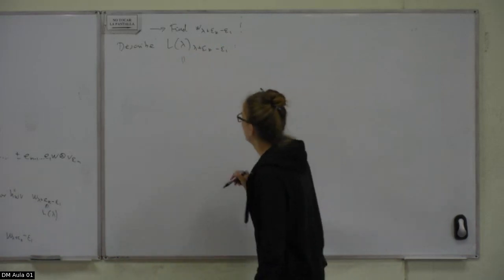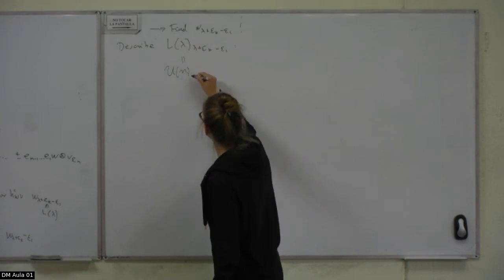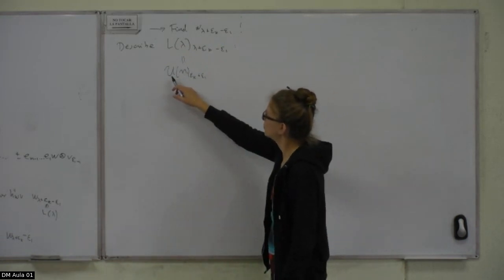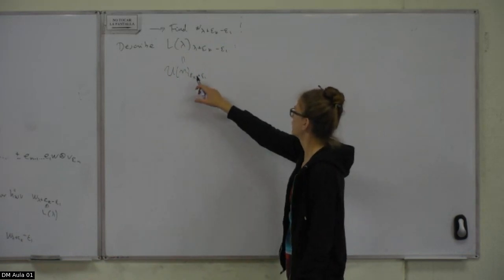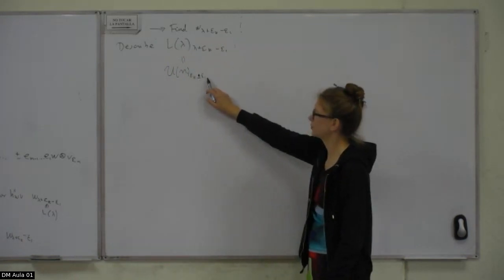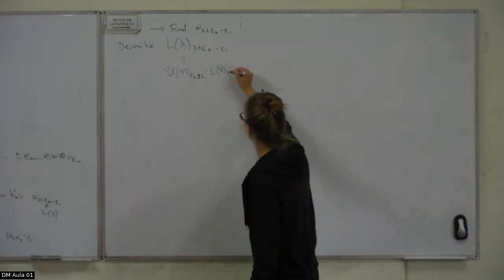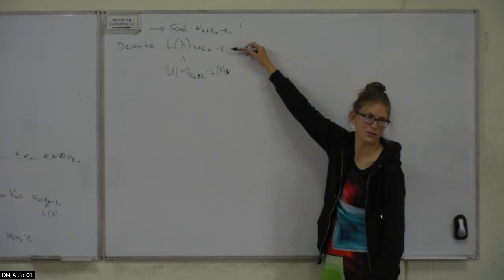Just for weight reasons, this is given by all monomials in the universal enveloping algebra, and whatever they span, that have the correct weight epsilon_k minus epsilon_1, so that when I multiply this with the highest weight, I go down to that weight space where I want to end up.